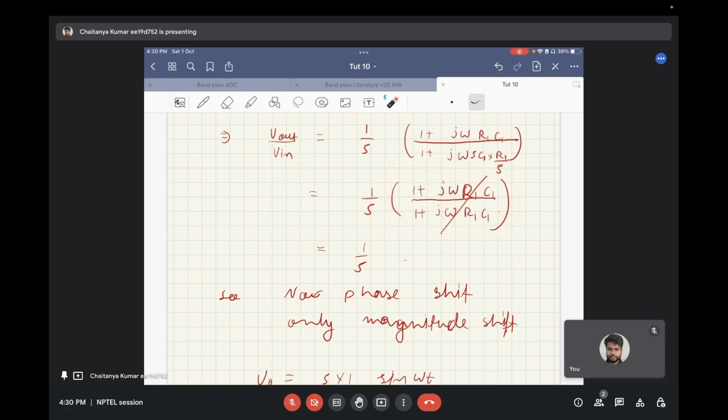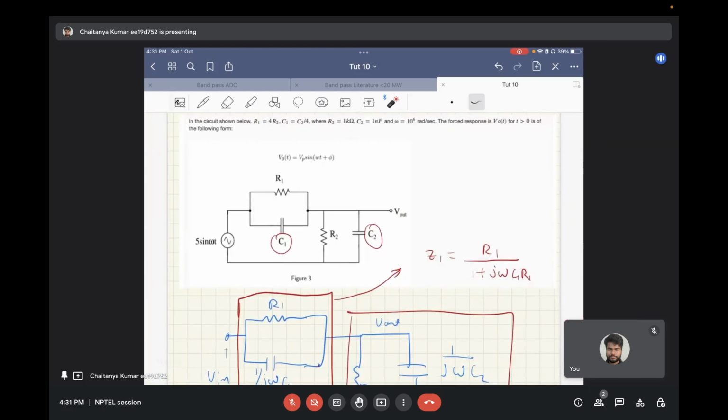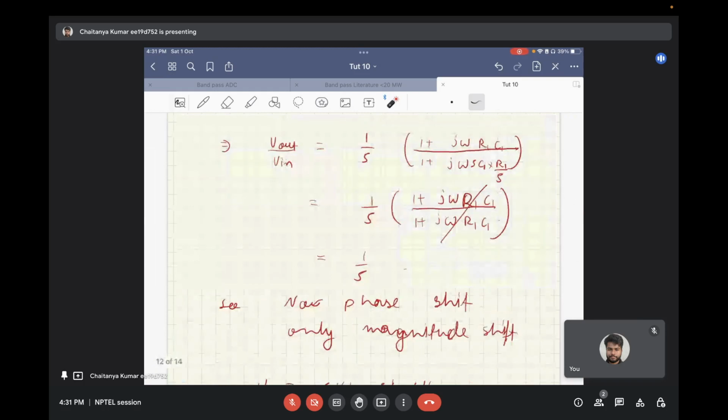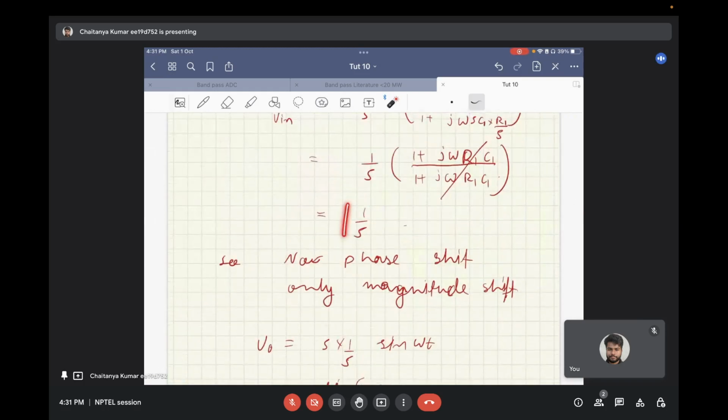Now in this kind of system, if values of resistances and capacitances are chosen in such a way that R1 is equal to some alpha times R2 and C1 is equal to C2 by alpha, you get an all pass system. So this just behaves as a simple resistor divider of R2 upon R1 plus R2.